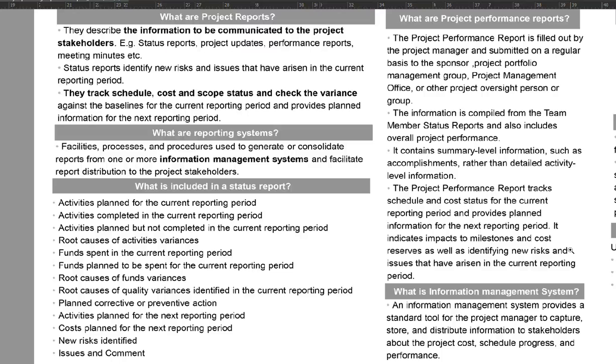So do we have that much cost reserves remaining, or is there a risk that happens and cost reserves are used to take care of these risks? Do we have enough reserves left? All these things are going to be helpful when we see the project performance report and send it to the PMO office, to the sponsor, to the project portfolio management group.